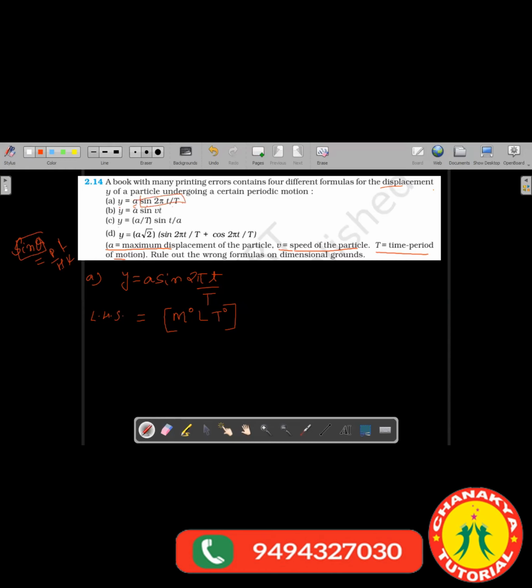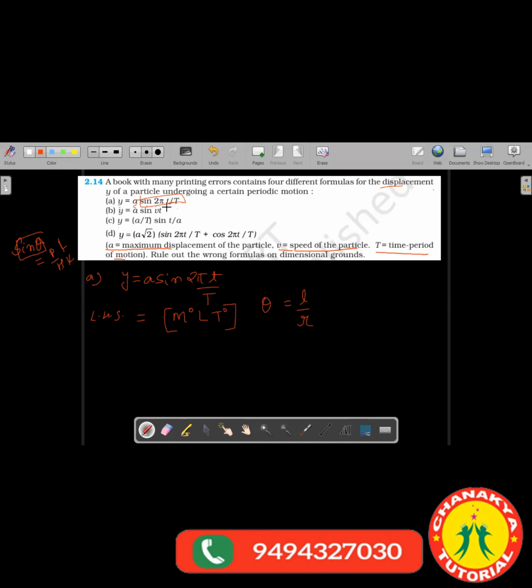And out of this, we had seen that theta is represented as L by R, length of arc by radius. So the dimensions of theta should also be dimensionless. Since theta should be dimensionless, whatever is written after this sign should also be dimensionless.